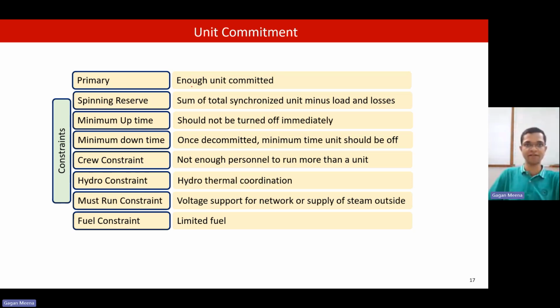The primary constraint is that enough units are committed to supply the demand. Then there is the spinning reserve constraint: the sum of the generation from the total synchronized units, minus the load and losses, will be the spinning reserve.